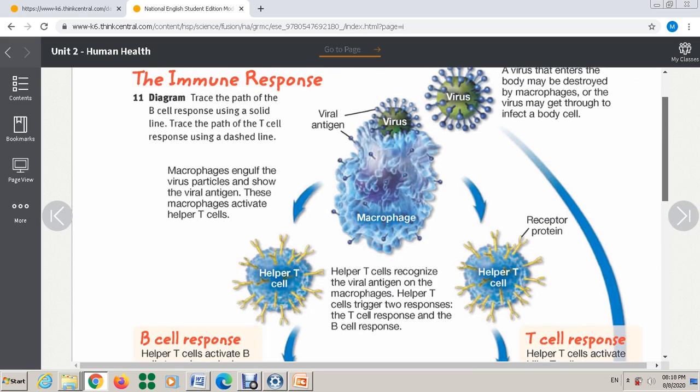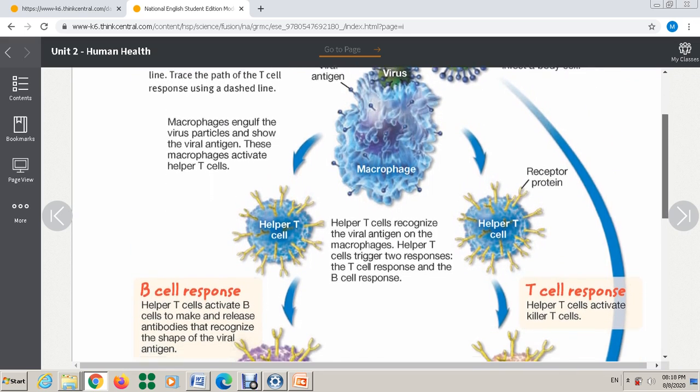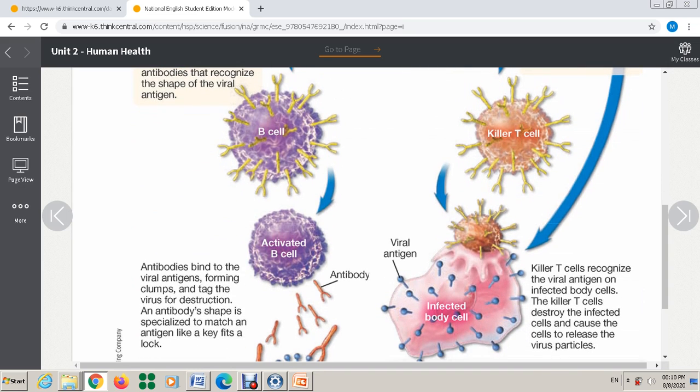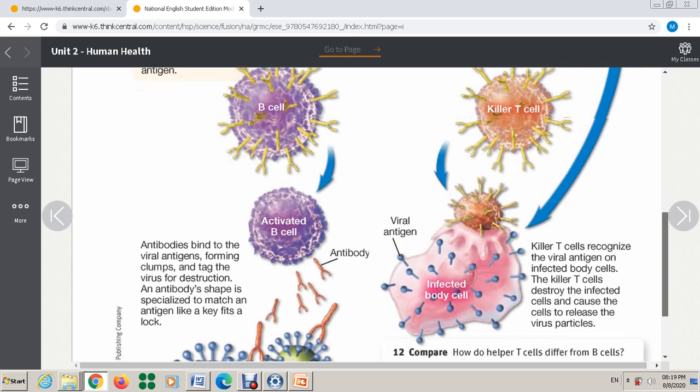Now this virus might get through and infect a body cell. So the killer T cell is activated, and it recognizes the viral antigen on the infected body cell. The killer T cell destroys the infected cells and causes the cell to release the virus particles. This is how the killer T cell works.